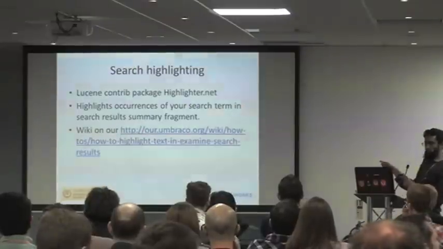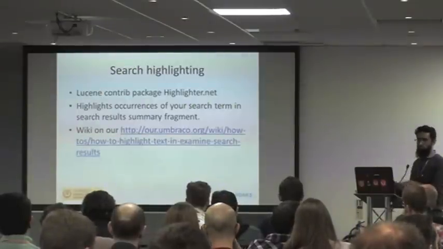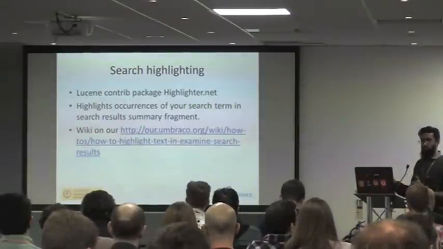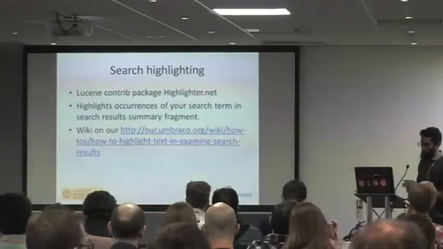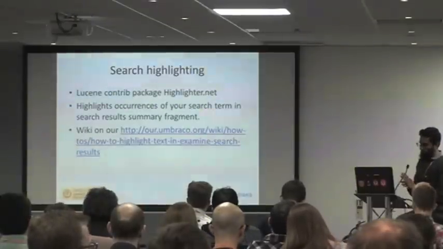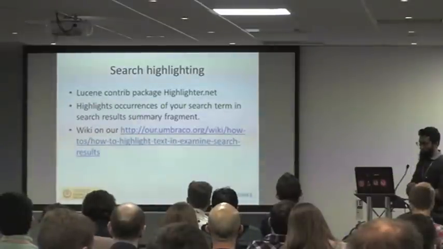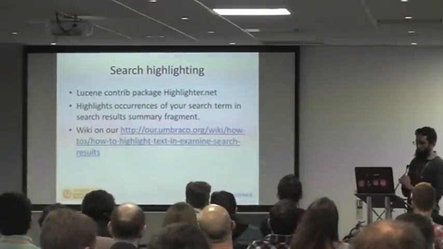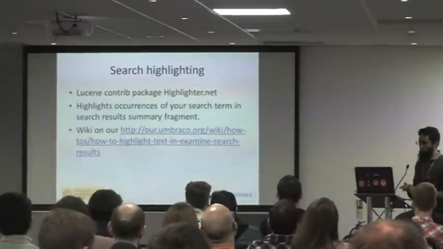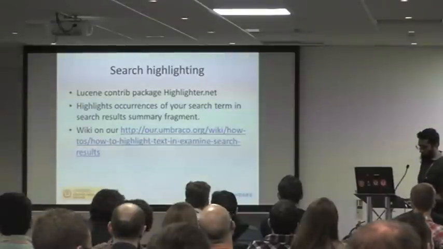At some point I will be releasing all these slides, so you'll have access to all the links and things. I think it was Darren who put this wiki entry together, and I sent him a bit of code and he improved on it, and he's got something working which does the highlight stuff.